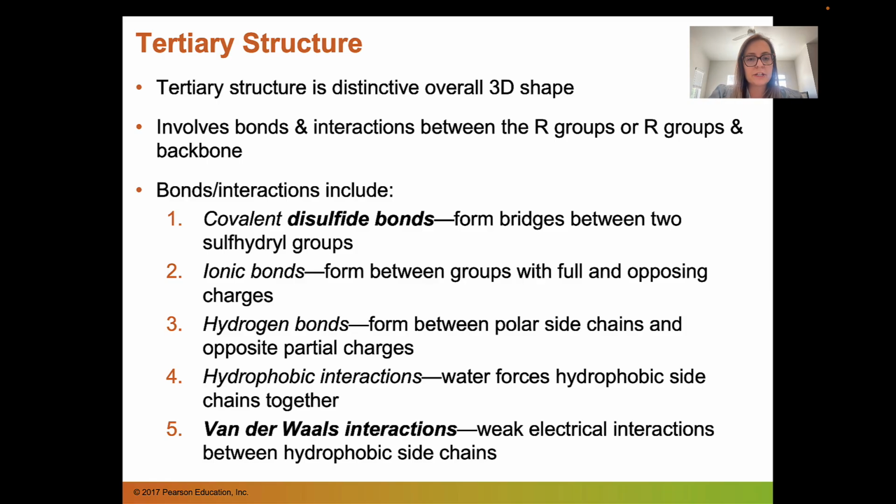The bonds in tertiary structure include covalent disulfide bonds, ionic bonds, hydrogen bonds, hydrophobic interactions, and van der Waals interactions. For your notes, I've written down what those all are, but I thought it might be more useful to take a look at what those look like in a ribbon diagram of a protein.